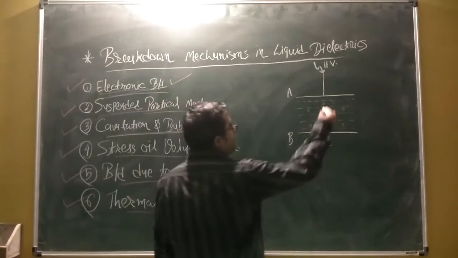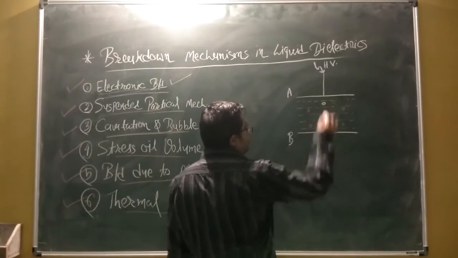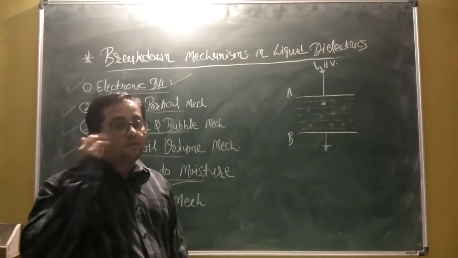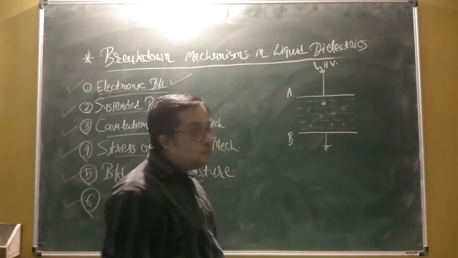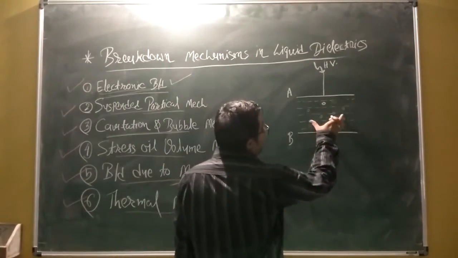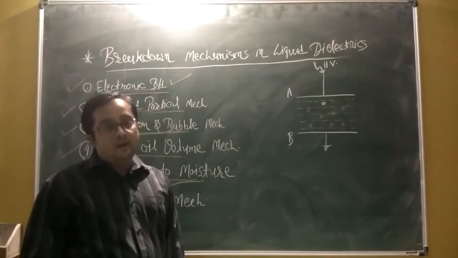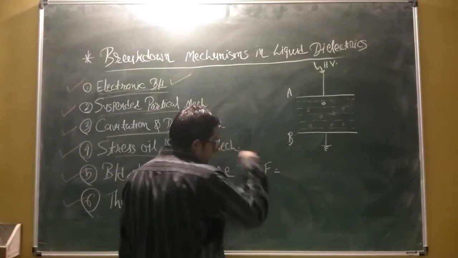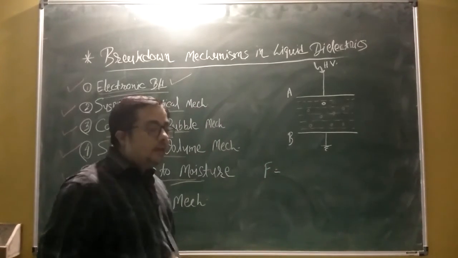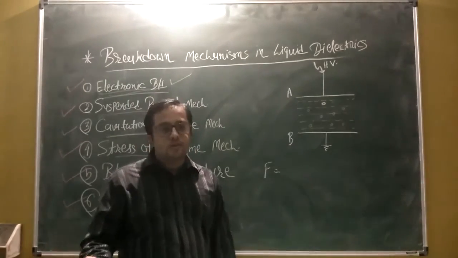Okay, so here the field intensity is higher, so a high amount of electrostatic force is developed, and this electrostatic force is trying to gather the particles which are distributed in the liquid dielectrics. So the force exerted between the particles is in the direction either towards the maximum stress or towards the lower stress.